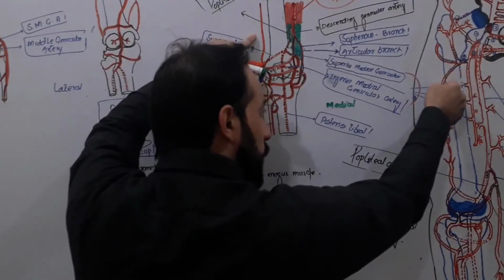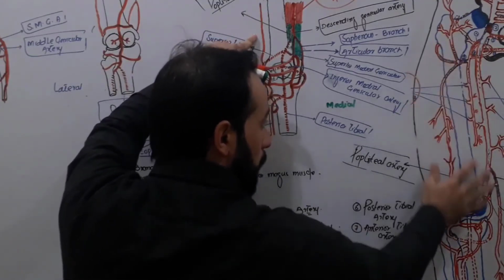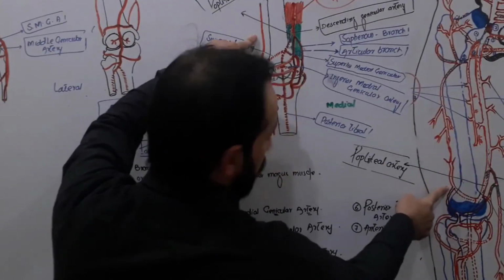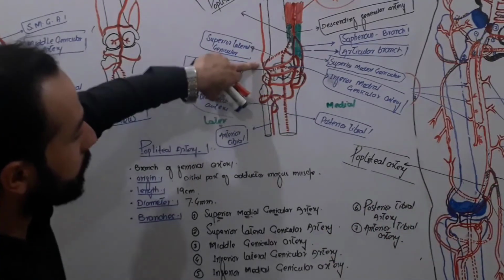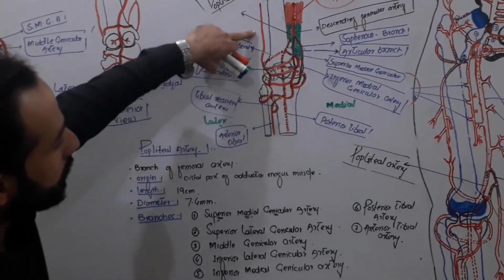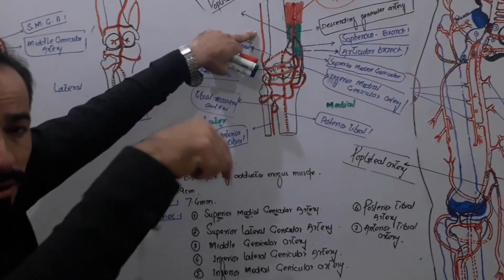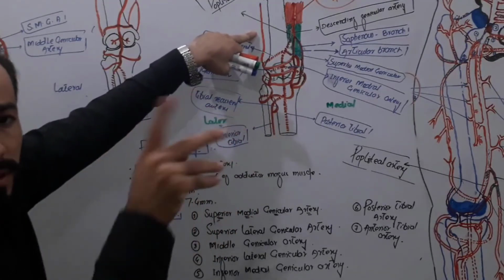So this descending branch has come down and it's giving muscular branches to the thigh muscles, right? And it is anastomosing with which artery? It is anastomosing with the superior lateral genicular artery, you can see here, right? So what is this artery? This is the descending branch of the lateral femoral circumflex artery.